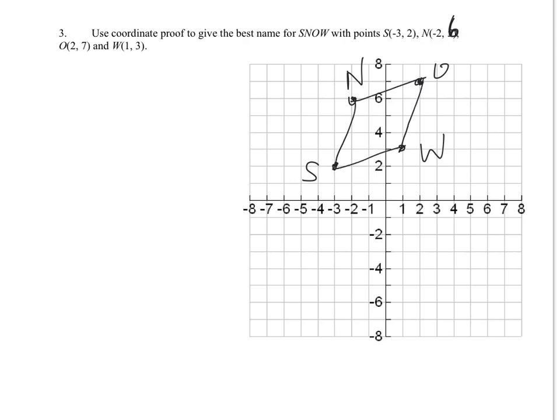Okay, looks like we have some sort of parallelogram going on here. We want to determine if it's just a parallelogram in general or if it's a specific type of parallelogram. So as always, we're going to start with our slopes.